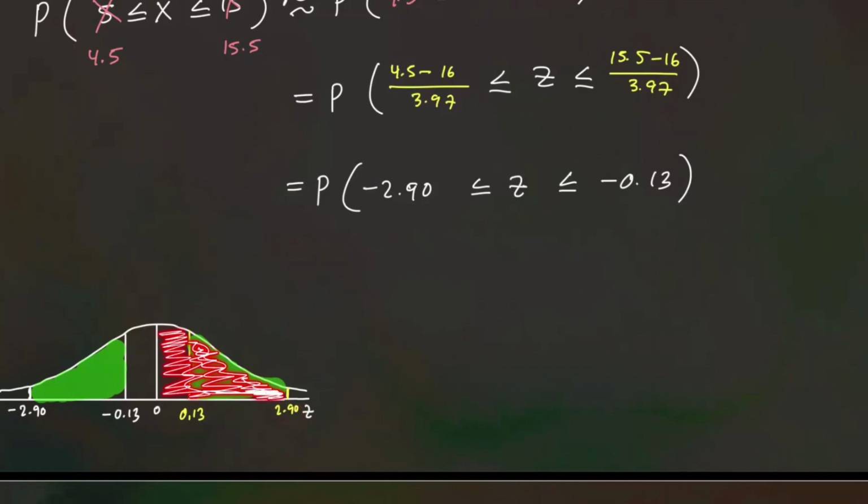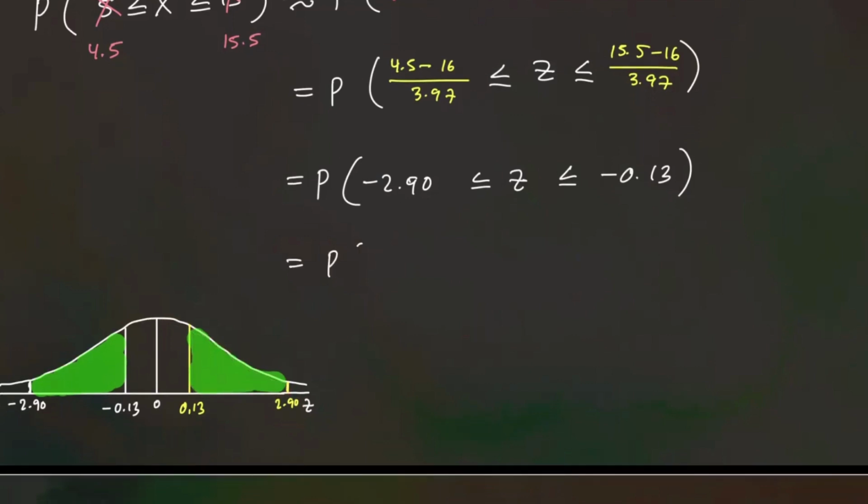So we can hold on to that and then find the area of z of 0.13, which will only provide this. That means we can subtract the smaller area from the bigger area. That will give us just this portion right here. So hopefully that makes sense to you. So we'll find the probability of z of 2.90, and then we're going to subtract the probability of z of 0.13, because that will give us only this small region right here. Okay, so let's read it off.